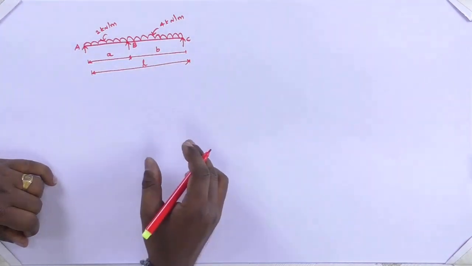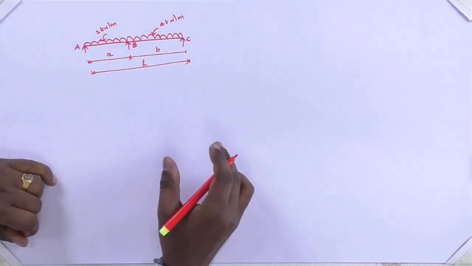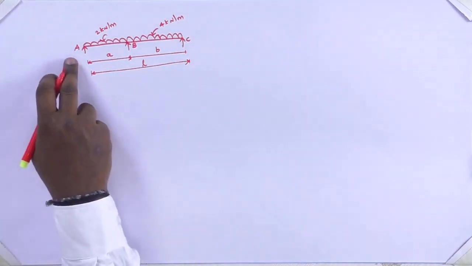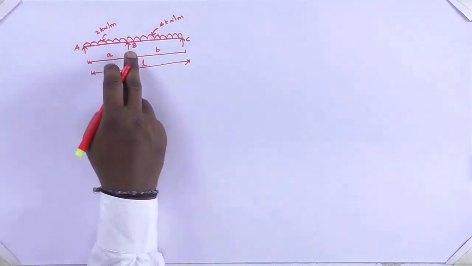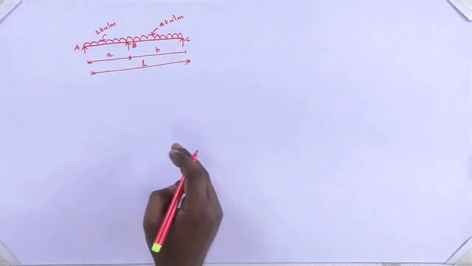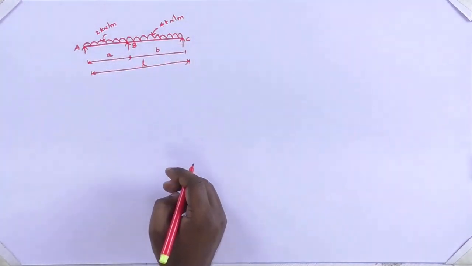How to analyze this continuous beam? That means you have to find the reaction at A, at B and at C, and the bending moment about all the points.